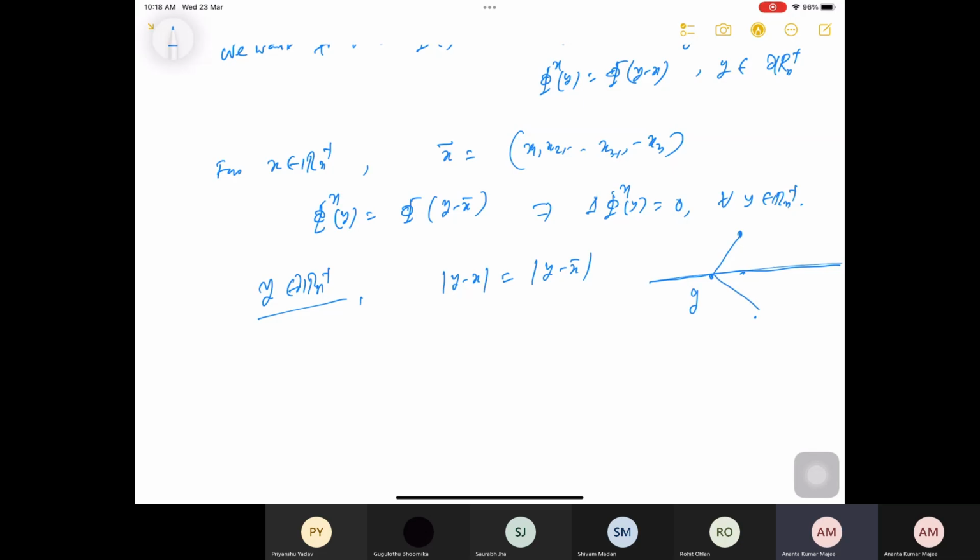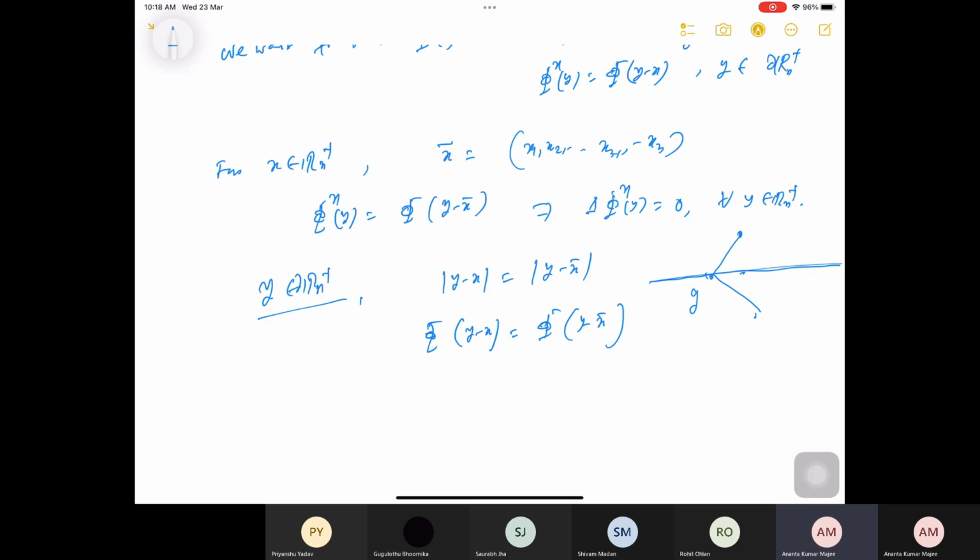So these lengths are the same. And the fundamental solution P is radial, so P(y minus x) is the same as P(y minus x bar).